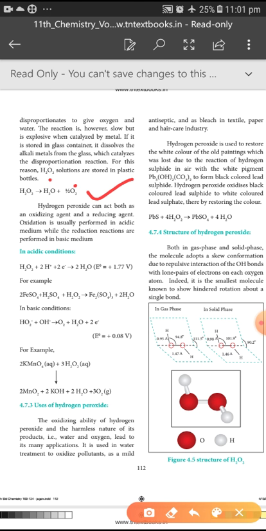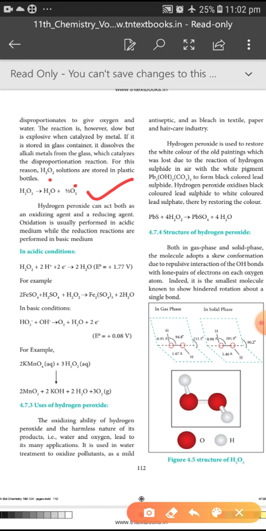Hydrogen peroxide is not stored in glass containers because it dissolves alkali metals from the glass, which catalyze the disproportionation reaction. For this reason, hydrogen peroxide solutions are stored in plastic bottles.